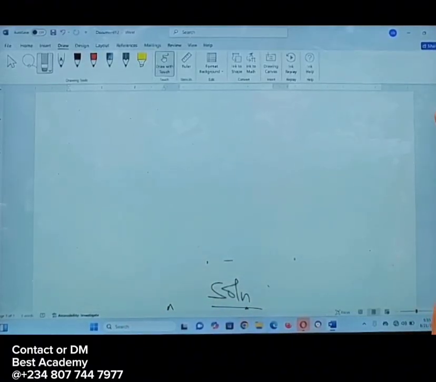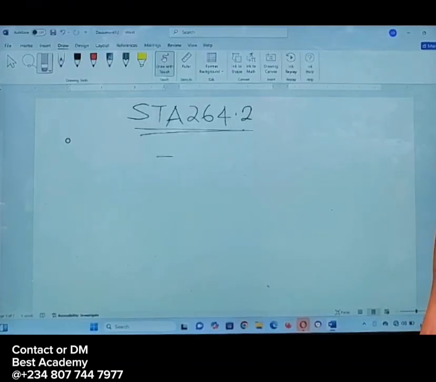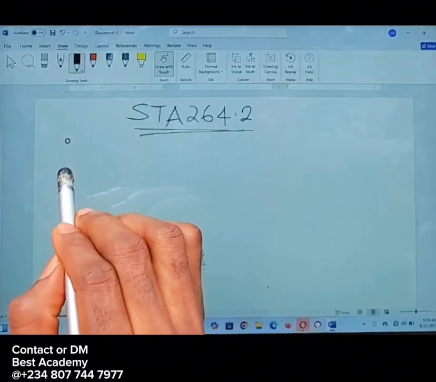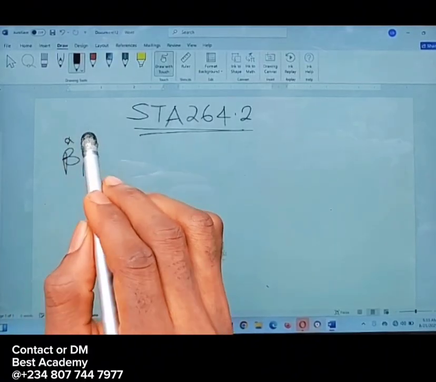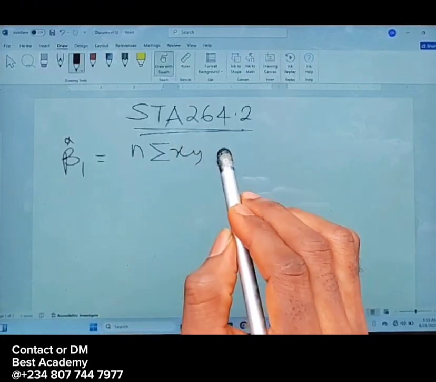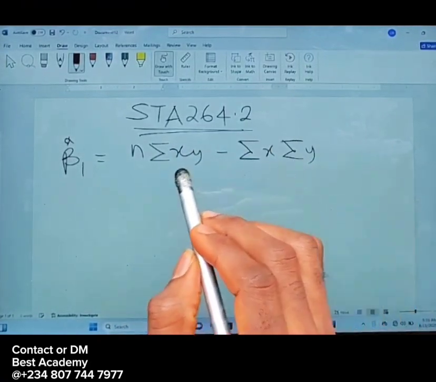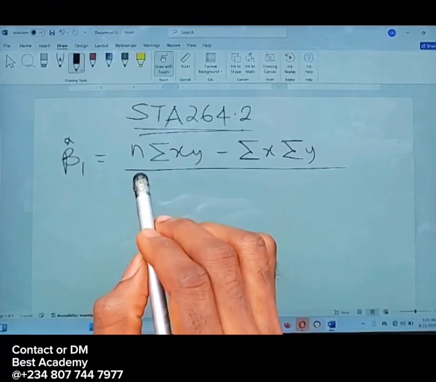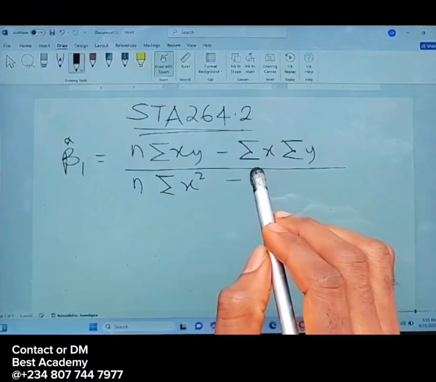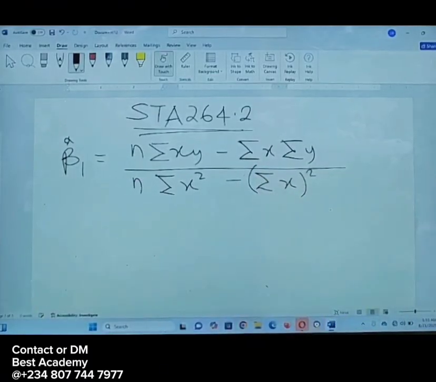Okay, now remember this formula for beta 1 hat, from what I told us here: beta 1 hat is equal to the sum of sy minus the sum of s times the sum of y over n, over the sum of s squared minus the sum of s, all squared over n.